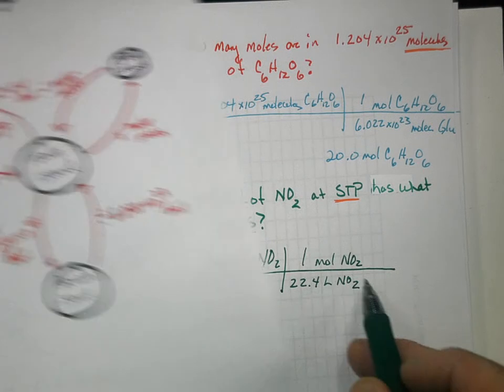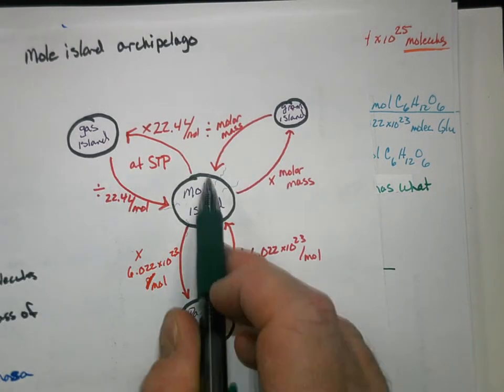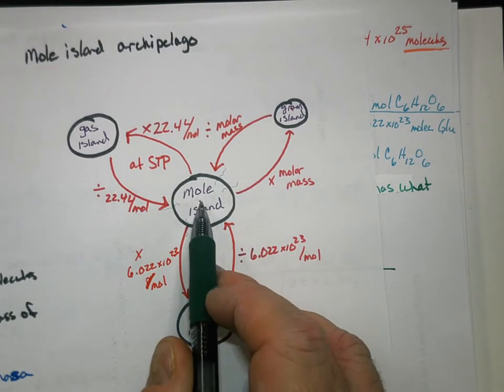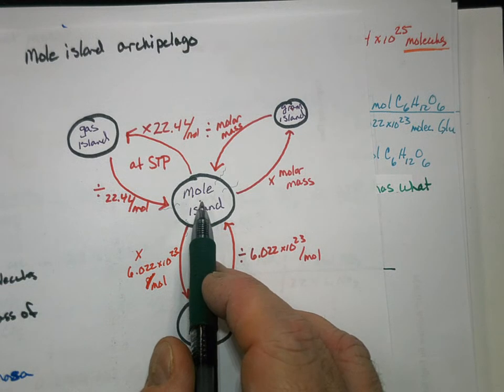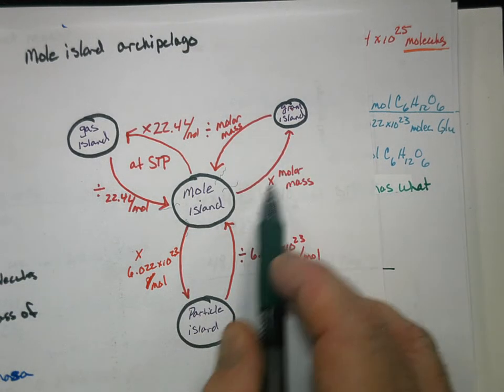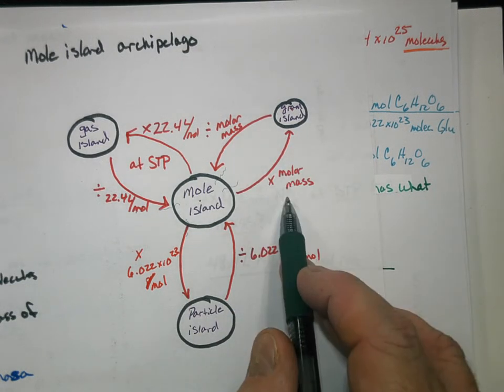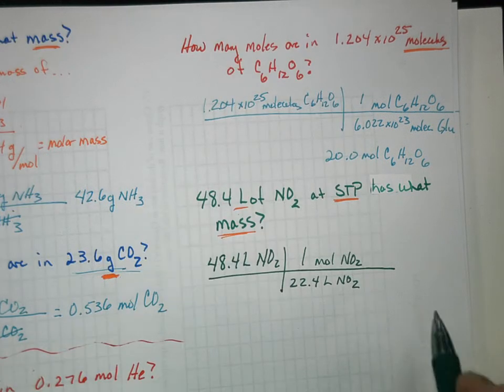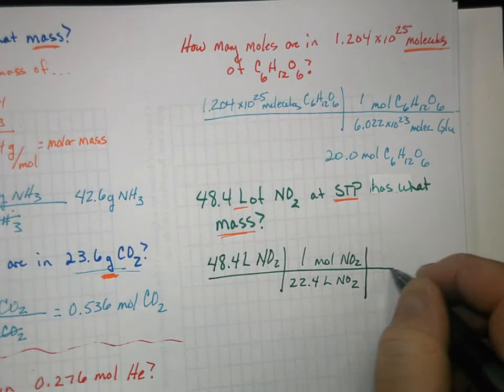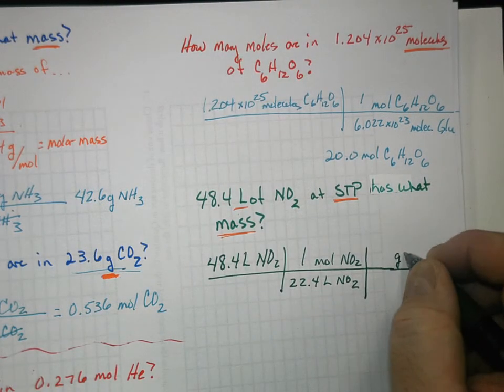That puts us here on Mole Island, right? Then once we're on Mole Island, what do we do? We have to jump to Gram Island. Then we multiply by our molar mass, which is so many grams of NO2 for 1 mole.